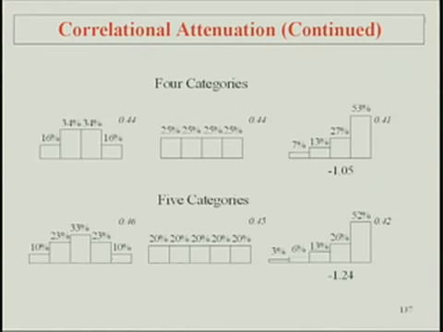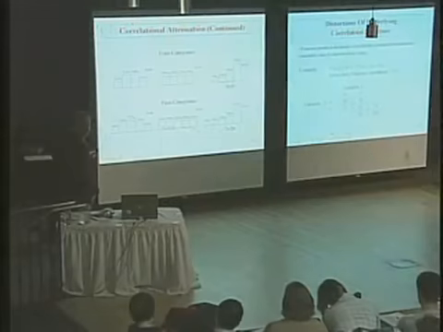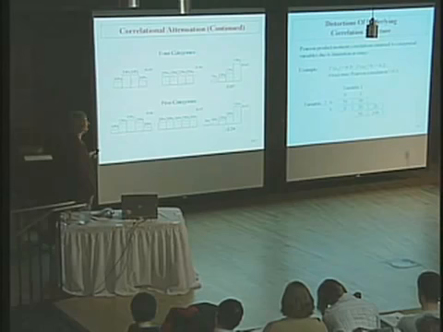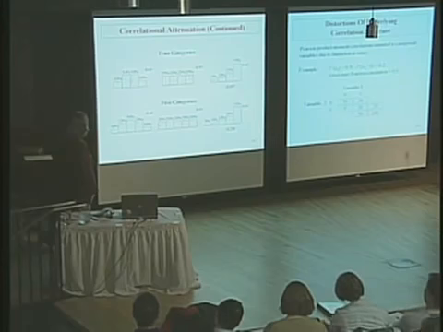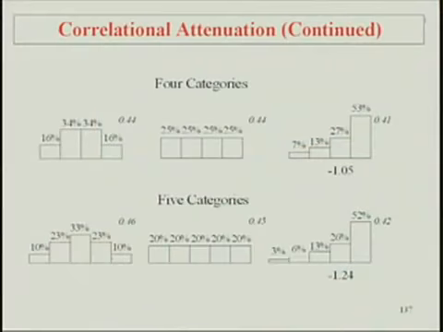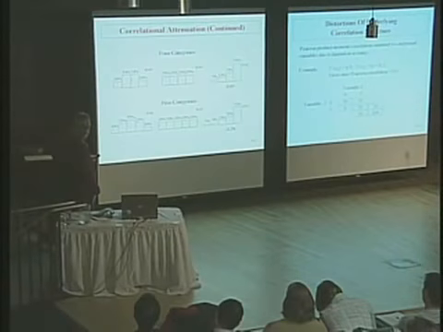Some more examples of this. As we move up in the categories, you'll see that things get a little bit better. So for example, if you have either the normal looking or the rectangular split with 16, 34, 34, 16, or all 25, we get 0.44 instead of 0.5. Once again, we see this ceiling effect here, the piling up at the highest category, we get a smaller correlation, 0.41.